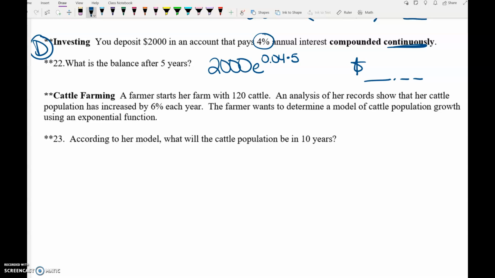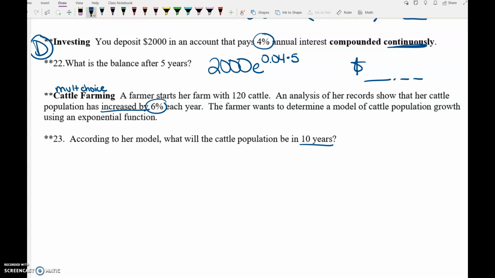This last one is actually a multiple choice question on the test. A farmer starts her farm with 120 cattle, blah, blah, blah, increased 6% each year. What's the population in 10 years? I don't see the word compounded anywhere in there, so I'm not going to use C or D. A is increasing, B is decreasing.